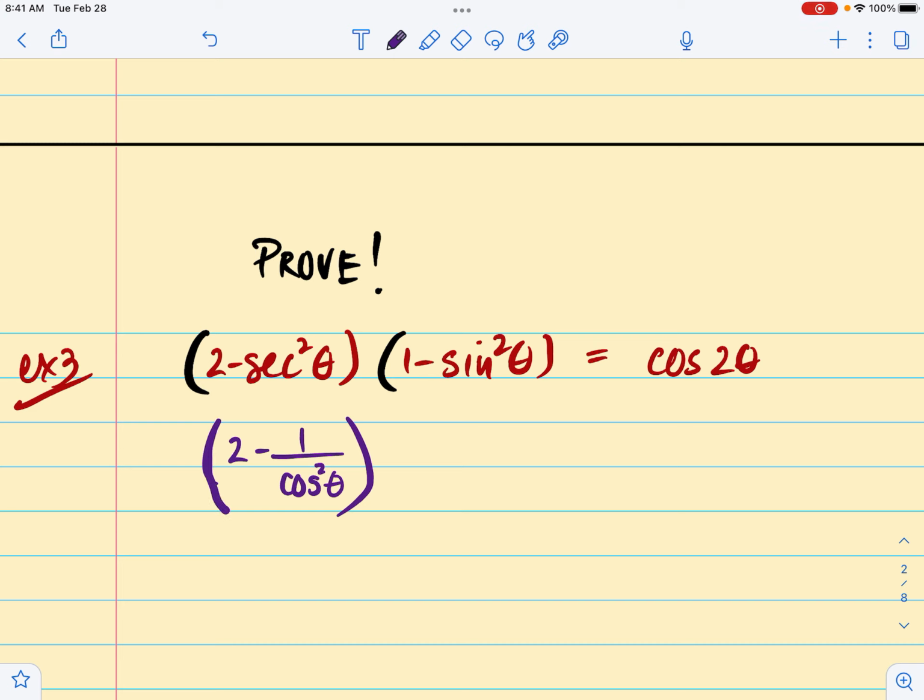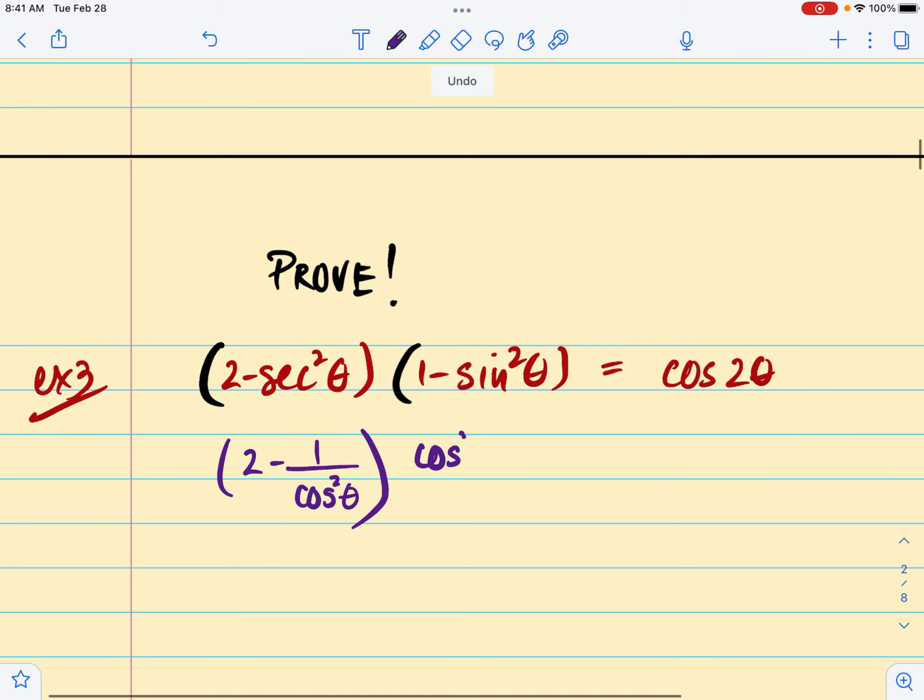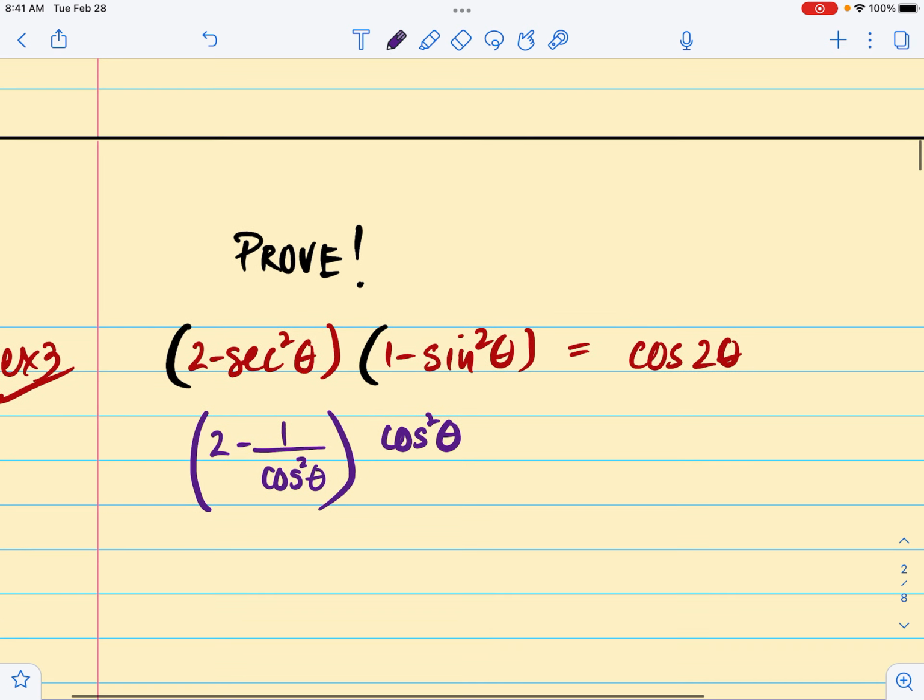And then also, sine squared theta is the Pythagorean identity equivalent to cosine squared theta. Okay, so I've used both the Pythagorean and reciprocal identity in this step. Now, from here onwards, it seems tempting to cancel those two, but you cannot, because this term is together and is connected. The 2 and the cosine squared are connected to each other with a minus sign, so I can't do that yet.